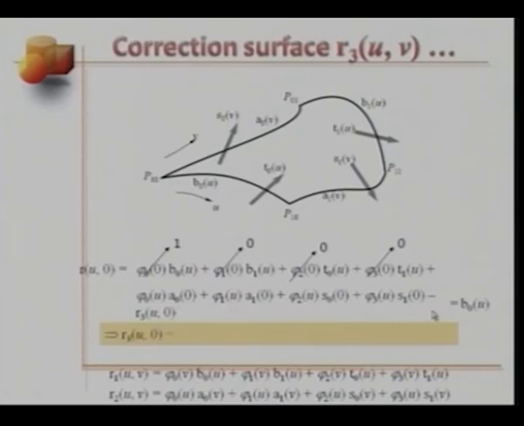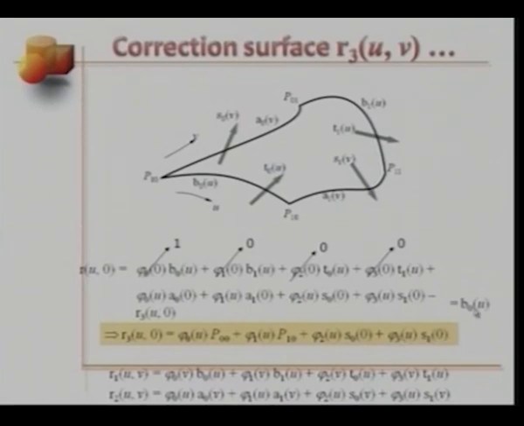if we solve this equation, we have our r3 u0 equals phi 0 of u times p0, 0 plus phi 1 of u times p1, 0 plus phi 2 of u times s0, 0 and phi 3 of u times s1, 0.